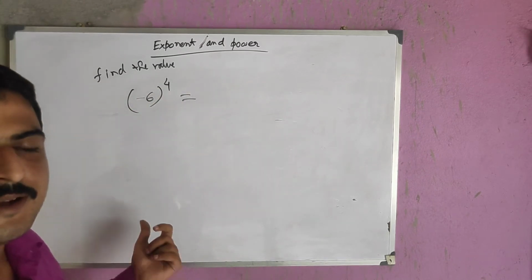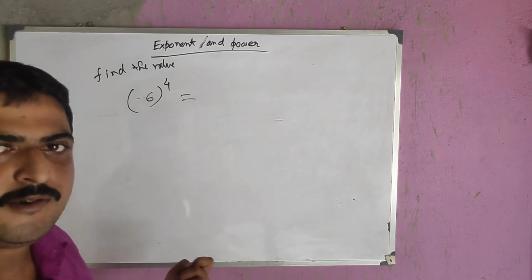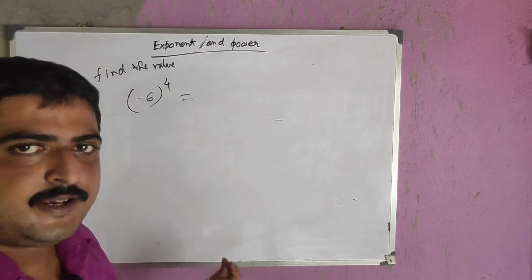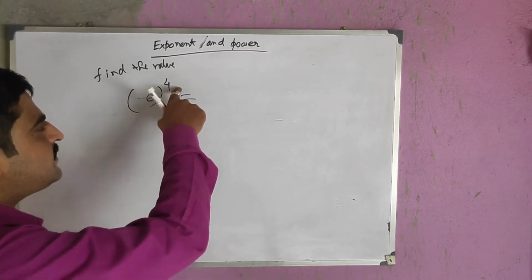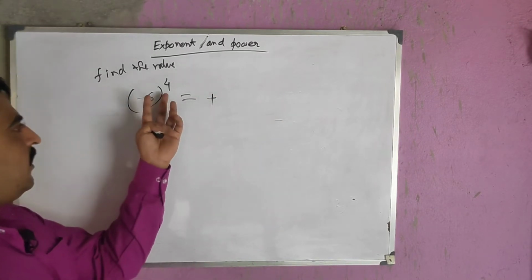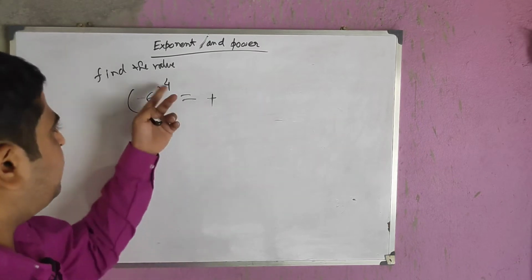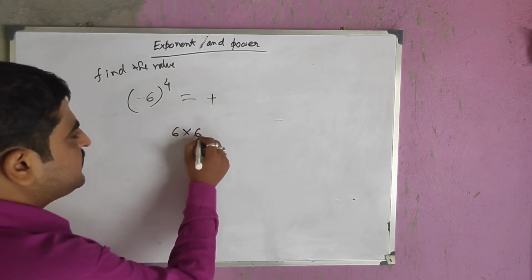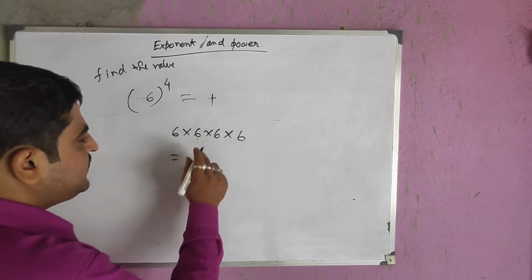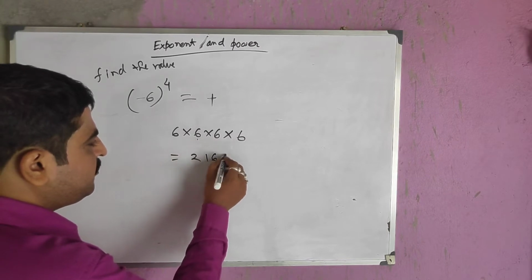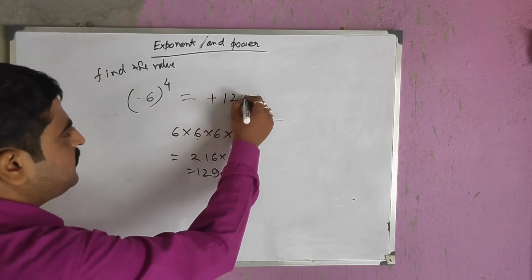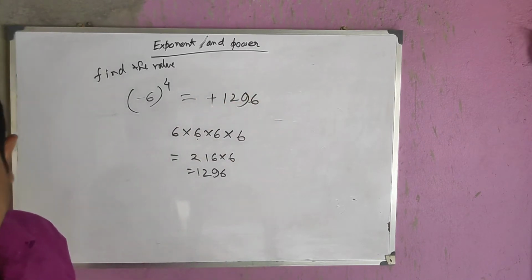If a minus number has an even power, it will become plus, and if a minus number has an odd power, then it will become minus. So as here minus has an even power, it will become plus. Then how many times do we have to multiply 6? 4 times. So 6 into 6 into 6 into 6. 6 6s are 36. 36 6s are 216. Then 216 into 6. 6 6s are 36, 6 1s are 6, 6 2s are 12, so it will become plus 1296.